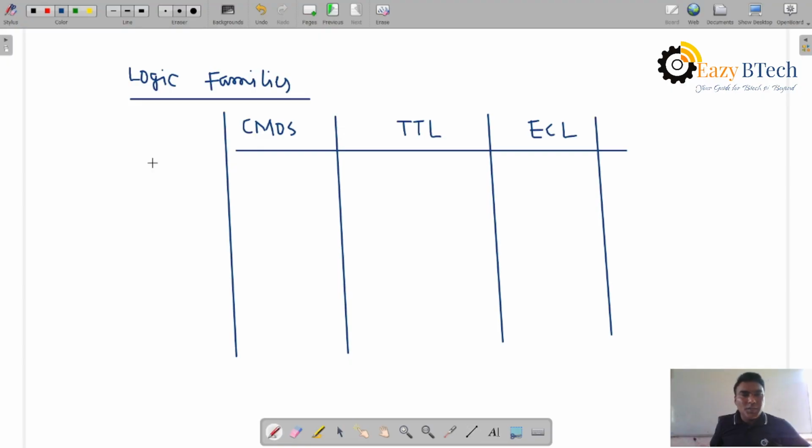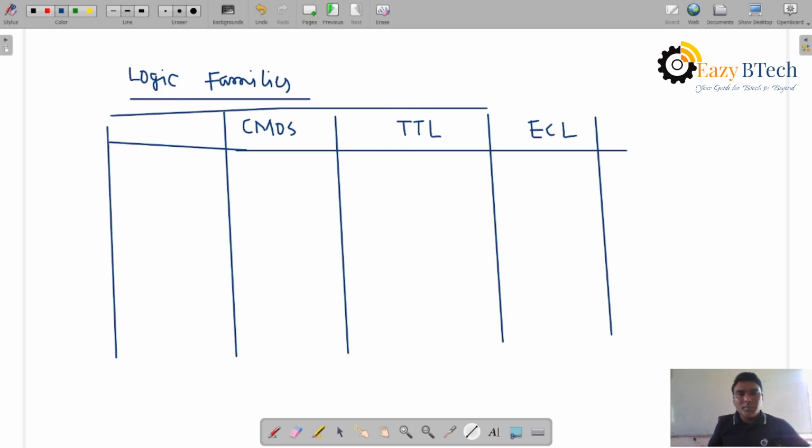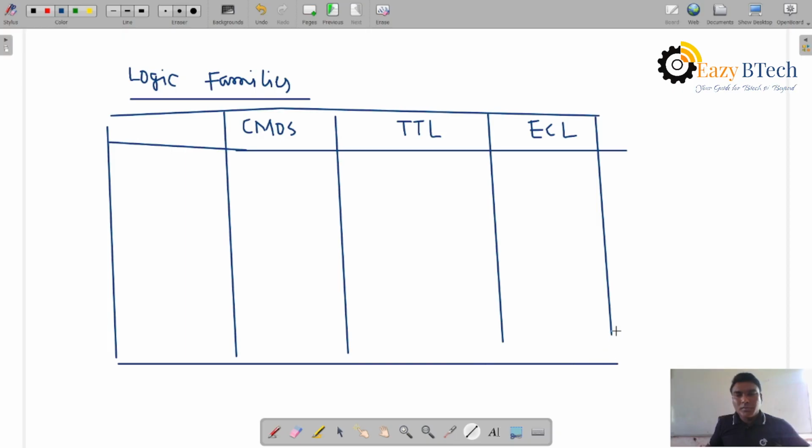If you see these three logic families, let us see these parameters. I want to tell you one or two.